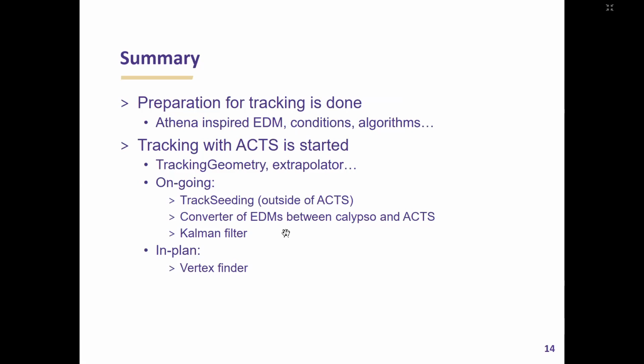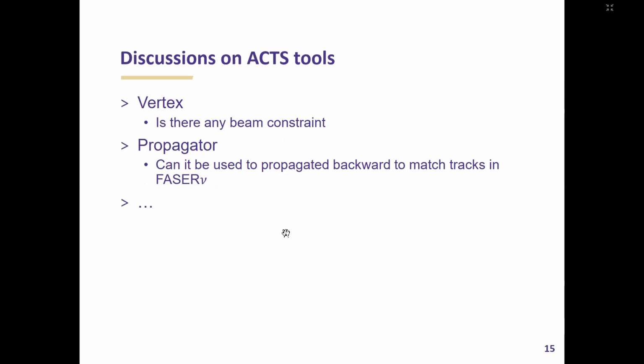the Vertex Finder. But for this part, since we have different detectors, I would like to discuss this. First, for our detector, we do not have any beam constraint. So from the user point of view, we expect a Vertex Finder which can work without any constraint.